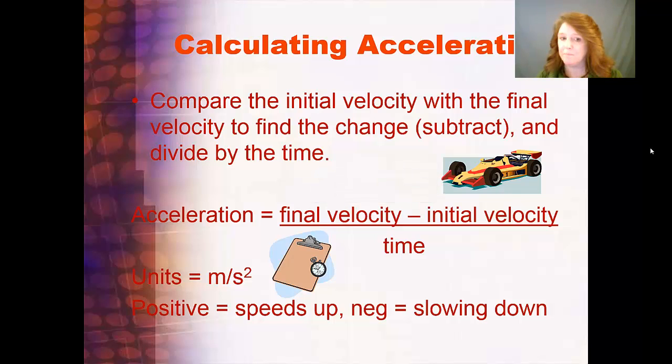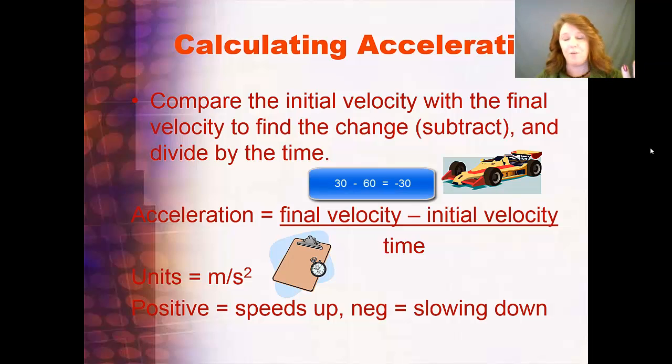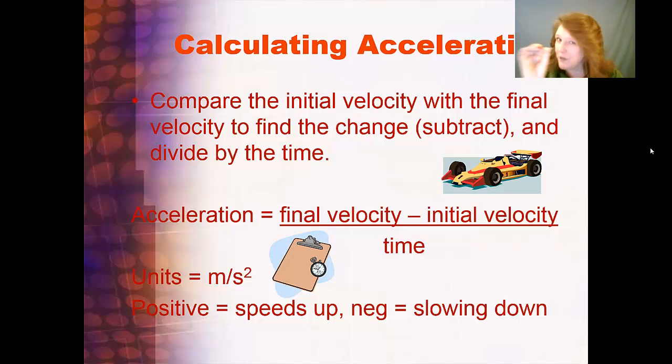As opposed to, you're on the freeway and you get on the off-ramp, so your initial velocity is 60, your final velocity is 30. Now you're doing final 30 minus initial 60, and your answer is negative 30 divided by time. So the answer shows you, if you can keep track of your negative numbers, whether or not you're speeding up or slowing down. Okay?